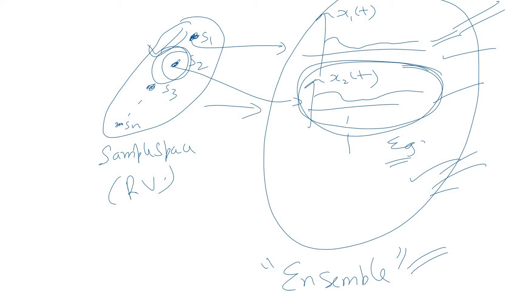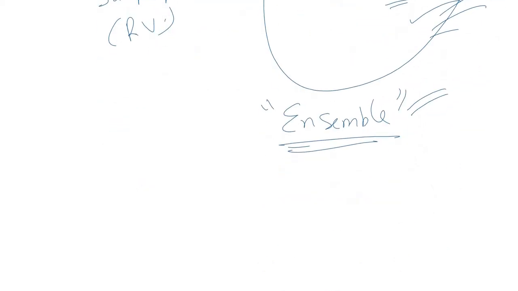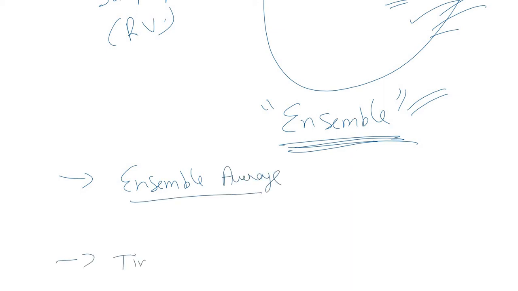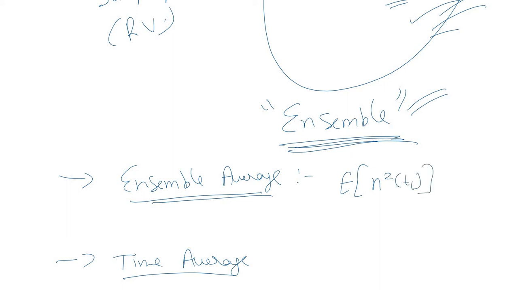Now, based on this concept of ensemble, we can define the averages in two categories: ensemble average and time average. The ensemble average is represented as the expectation of n square t1, or rather n bar square t1.